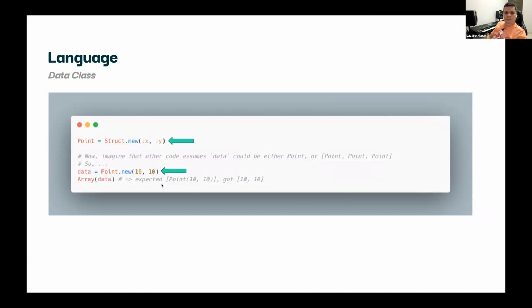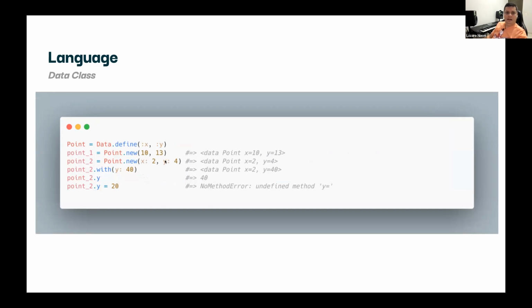But if you put it in an array, you'll have something like that, 10 and 10. But actually what you were expecting was something like that, an array of point objects, but it doesn't have that.